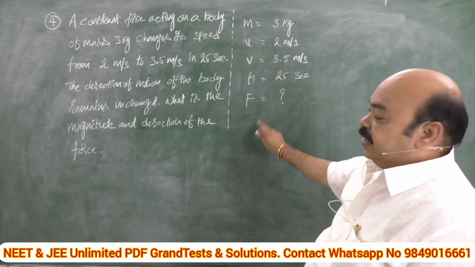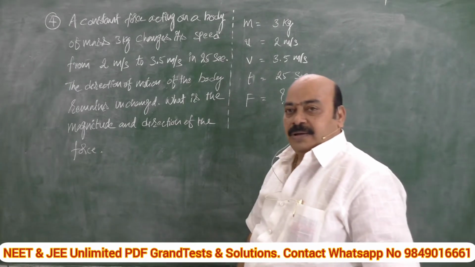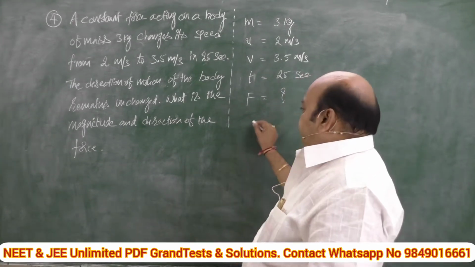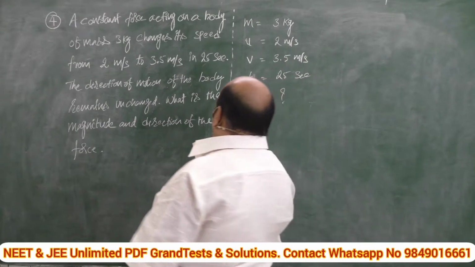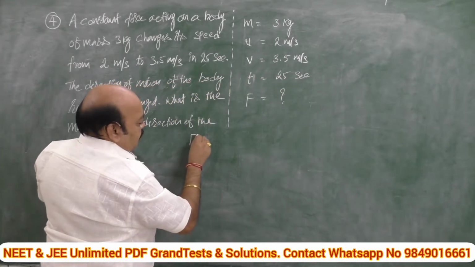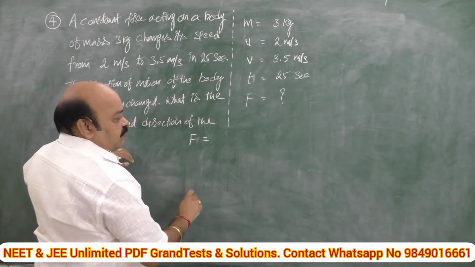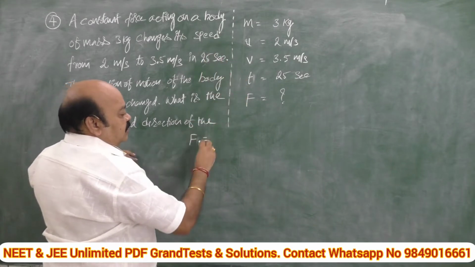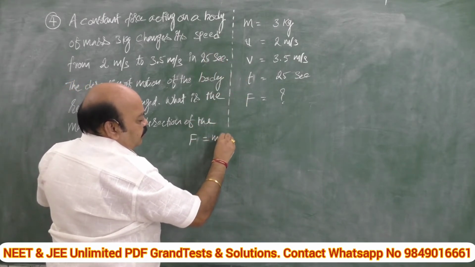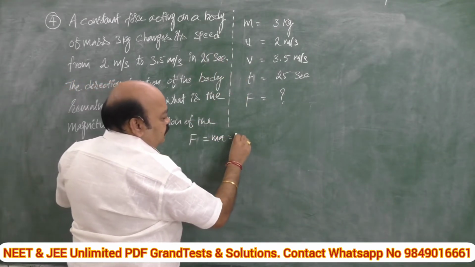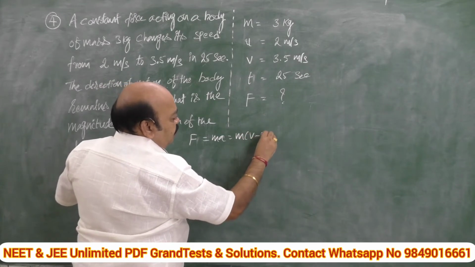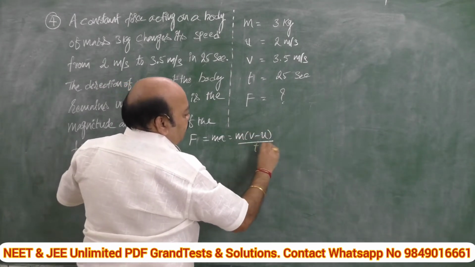Now we are going to calculate F is equal to ma. So very simple problem. What formula connects all these? F is equal to ma, once again, which is nothing but m into v minus u by t.